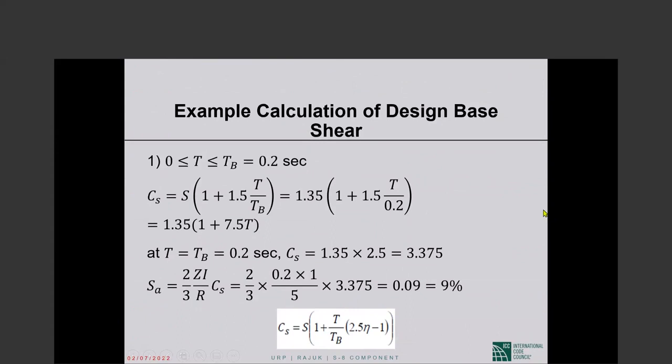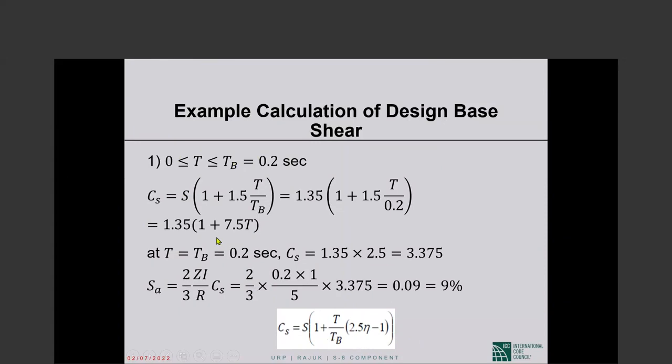The spectrum has four branches: the ramp building up to the flat top, the flat top, the descending branch, and then the 1 over T squared branch. For the first branch, this is the equation. If you go back, you'll see the same equation. We will take eta equal to 1 for 5% of critical damping.